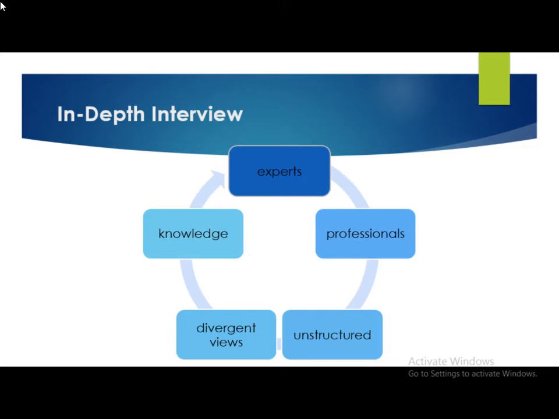These people could be professionals or persons outside of the organization. The approach adopted should be highly unstructured so that the participants can give divergent views. In-depth interviews are widely used to tap the knowledge and experience of individuals with information which is strongly related to the situation. So this is about in-depth interview.